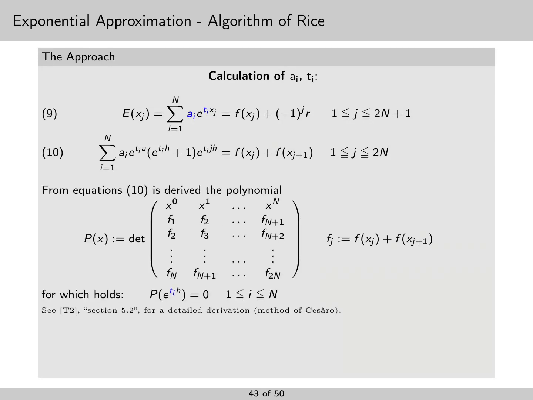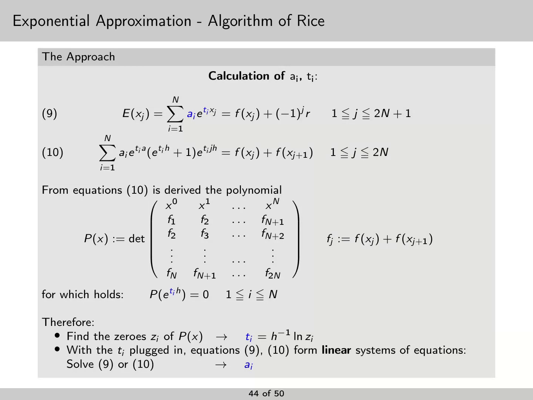From this system can be derived polynomial p of x, which is the determinant of this matrix, the zeros of which are the e to the ti h. Again, this involves non-trivial reasoning. You find the details in reference T2.